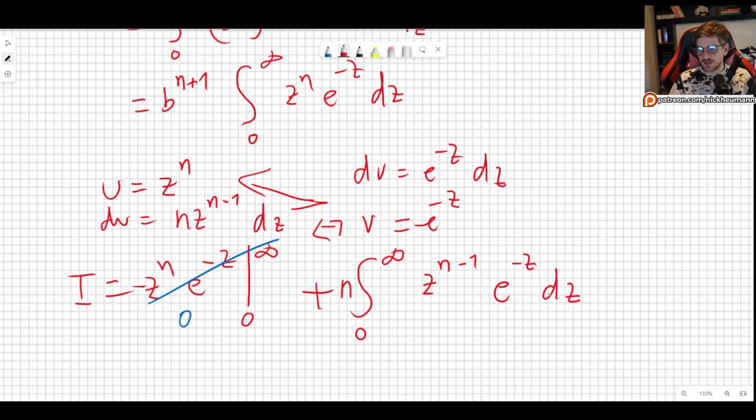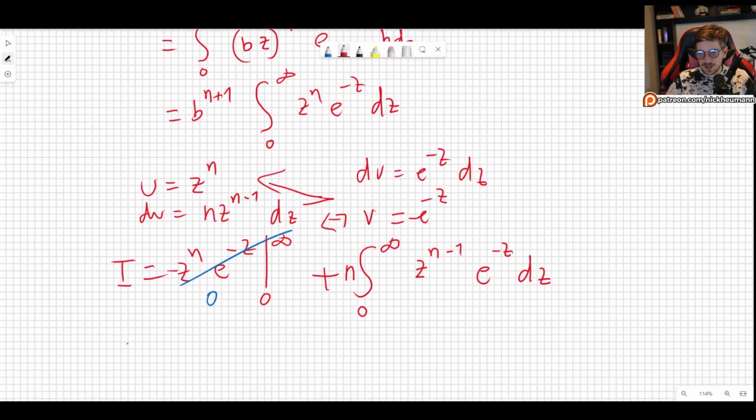So what we get basically is, right, if we call this I of n, this gives us n times I of n minus 1. Each time we integrate, we simply lower the exponent, and then we go to the next exponent. So if we start at 5, we multiply by 5, and then we have to integrate again for the 4. So this means that we get n times n minus 1 times I of n minus 2 in the next case.